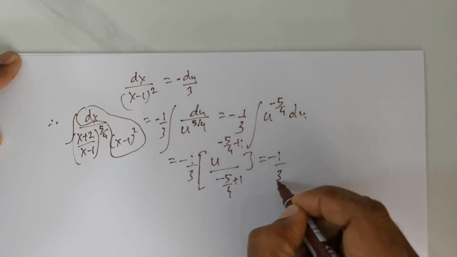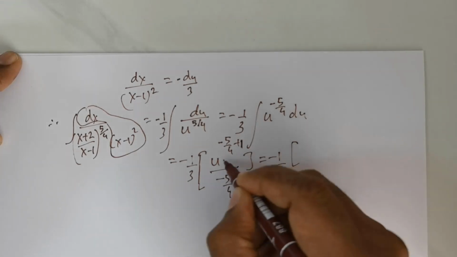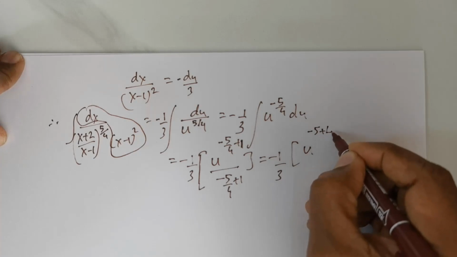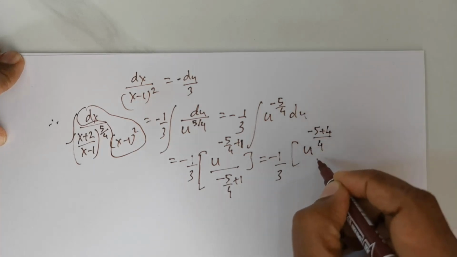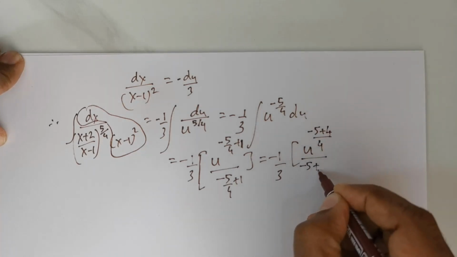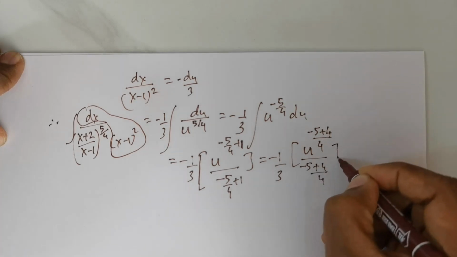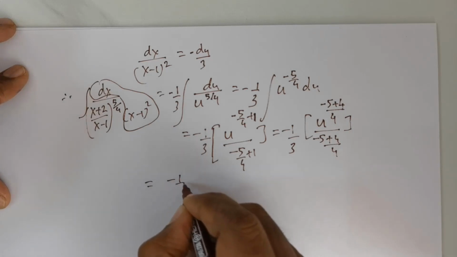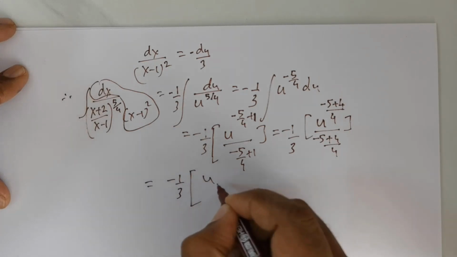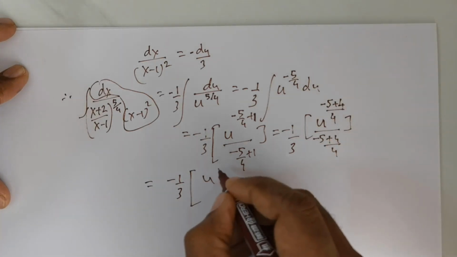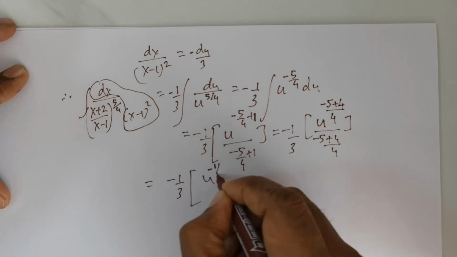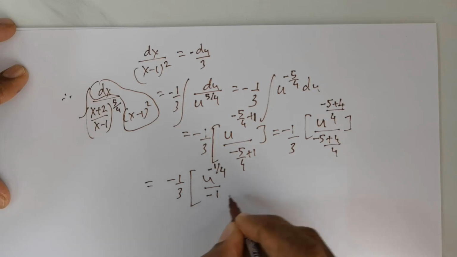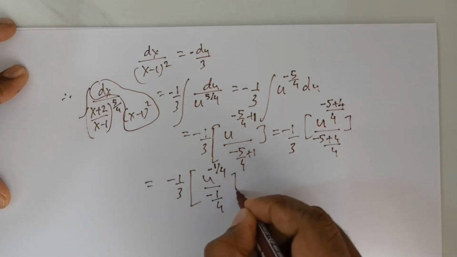This is negative 1 over 3, and you get u to the power of (negative 5 plus 4) divided by 4, divided by (negative 5 plus 4) divided by 4. That's simplification. So that is equal to negative 1 over 3 u to the power of negative 5 added with 4 would give me negative 1 divided by 4, divided by negative 1 over 4.